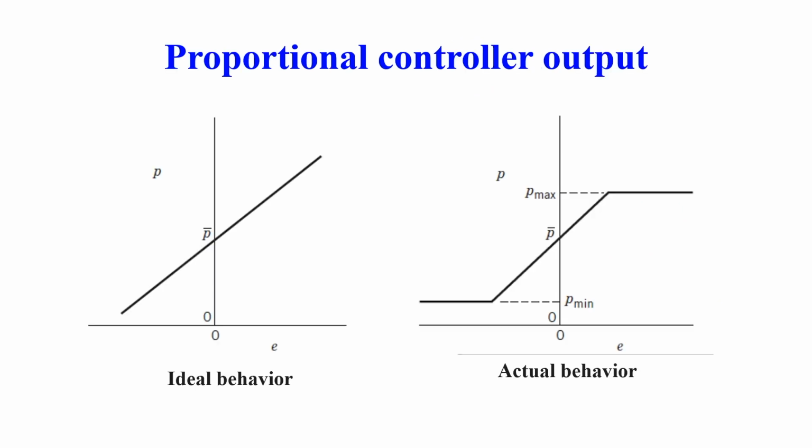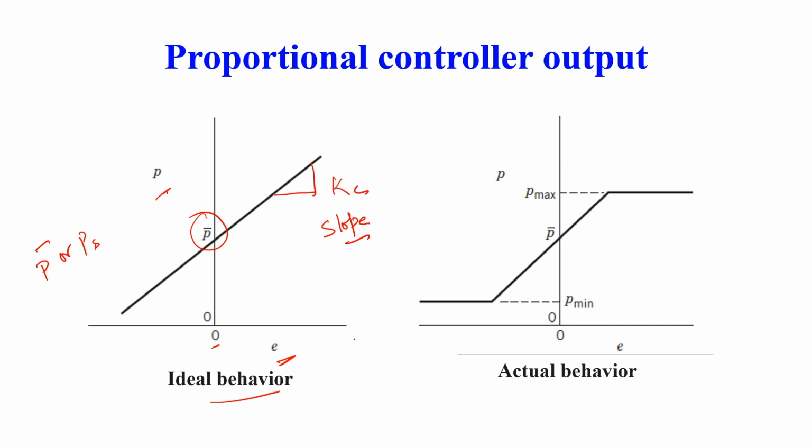Now, how will it change? You just see this is the error and this is the output, and as I told, when error is 0 there is a certain value of P, that is the steady state value. We write P bar, or you can also write Ps, the steady state value, and here the slope will be Kc. Kc will be the slope, the proportionality gain.